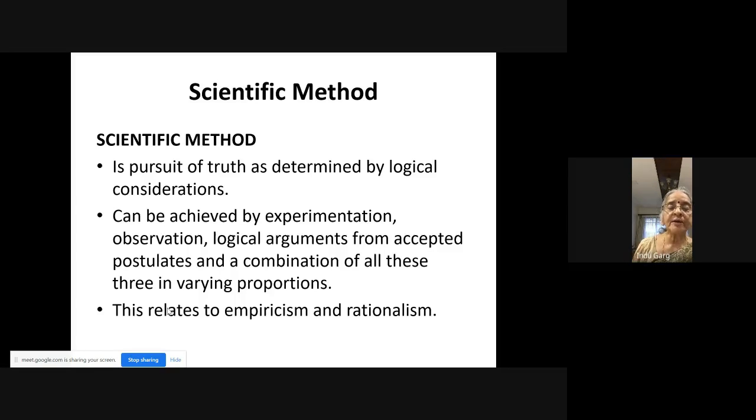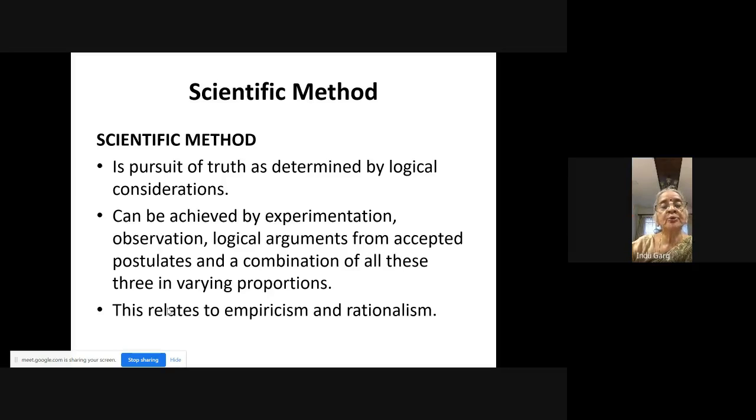Many of our logical conclusions are drawn, especially the mathematical models, they are all drawn from logical arguments and logical thinking. And of course, any accepted postulate, that means certain assumed existence of facts, or you may have a combination of experimentation, observation, in varying proportions, and then you try to find solutions to your problems.